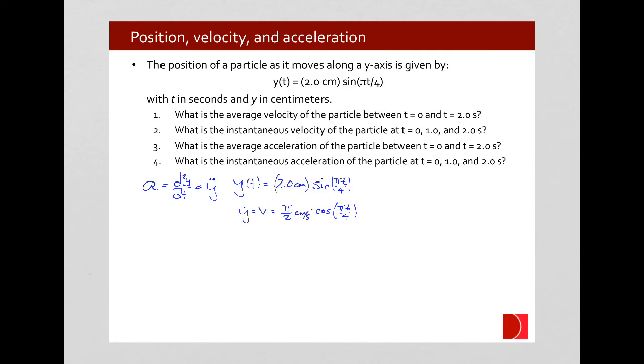Because we have the 2 centimeters times a factor of pi over 4 that we get from the chain rule is tied into the constant, the sine became a cosine when we took the derivative. When we take a second derivative, which is the derivative of the velocity to find the acceleration, what we get there is pi over 2 times the derivative of cosine here, which is negative sine, and whatever's inside stays that way for the time being.